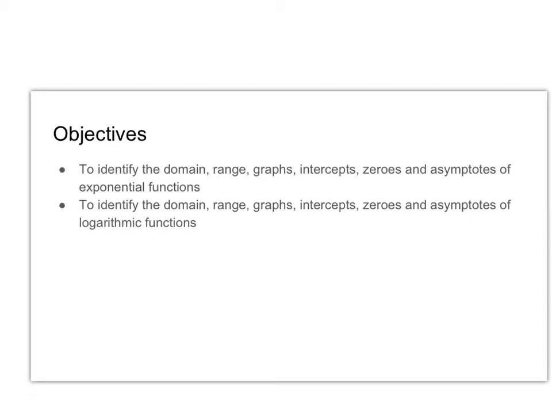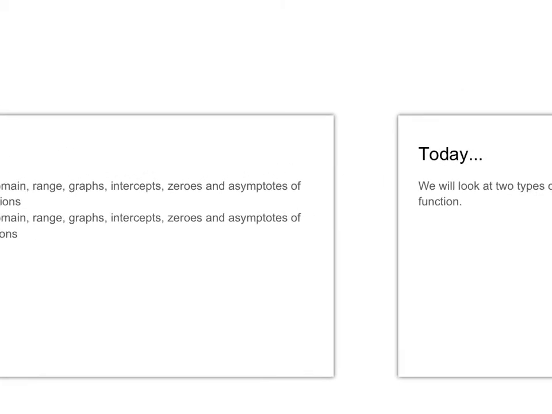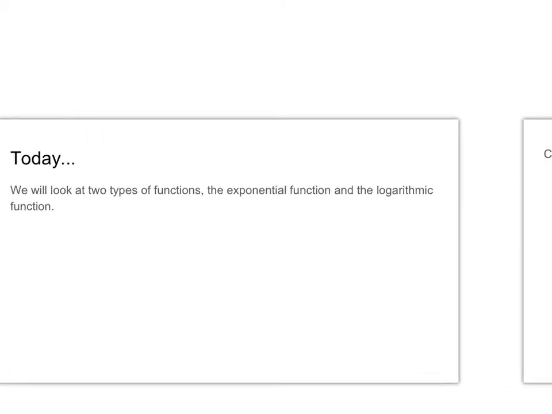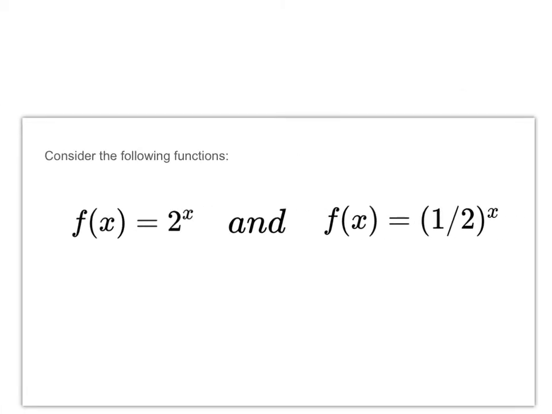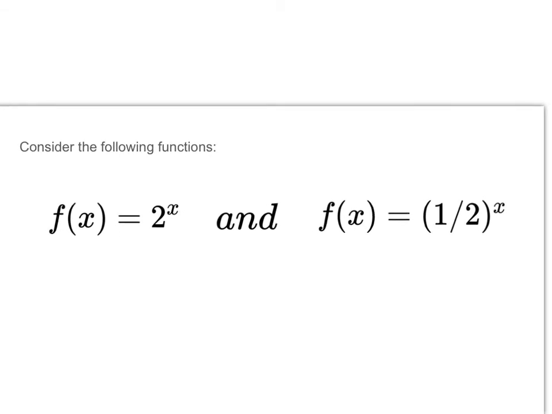We have to learn how to graph, finding intercepts, zeros, and asymptotes of the two functions, exponential and logarithmic functions. So let's start with these two exponential functions. We need to graph the two, and we have to investigate.